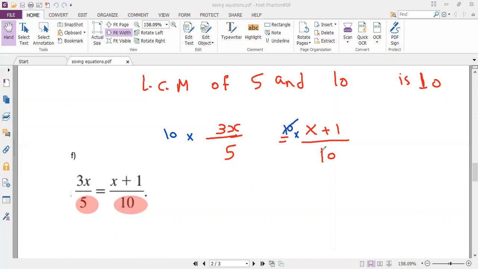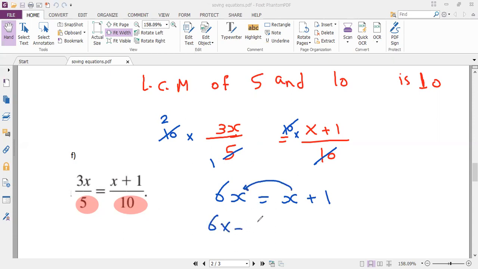So cancel 10 and 10, and we have 10 and 5. Just simplify, divided by 5, 1, and divided by 5, 2. So we have 2 multiplied by 3x, which is 6x, equals, in the right side, x plus 1. So collect x's on one side, move x to the left side.